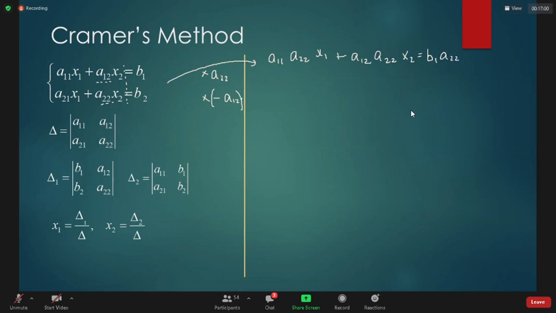Now to get the second equation multiplied by a12, I have minus a12 times a21 times x1, and here I have minus a12 a22 x2 equals minus b2 a12.